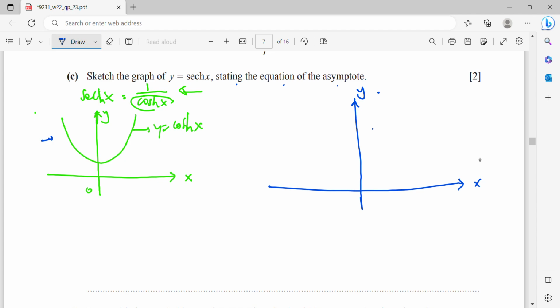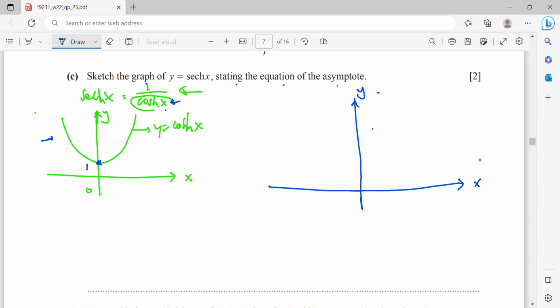So now we know that here is 1. When you substitute this point into your hyperbolic secant x, I will get 1 over 1, which is 1 as well. But since this is a minimum point, 1 over a minimum point becomes a maximum point.